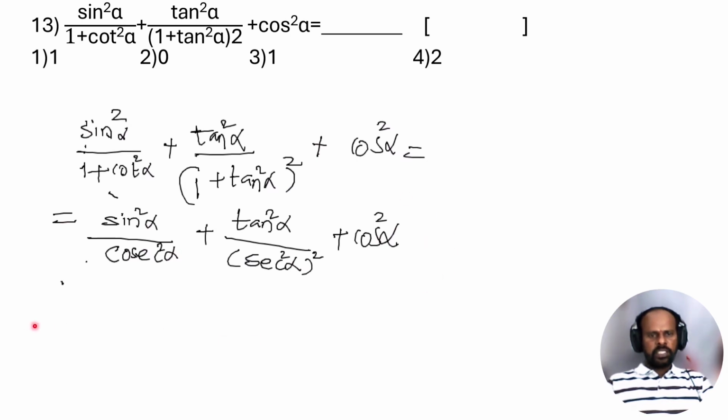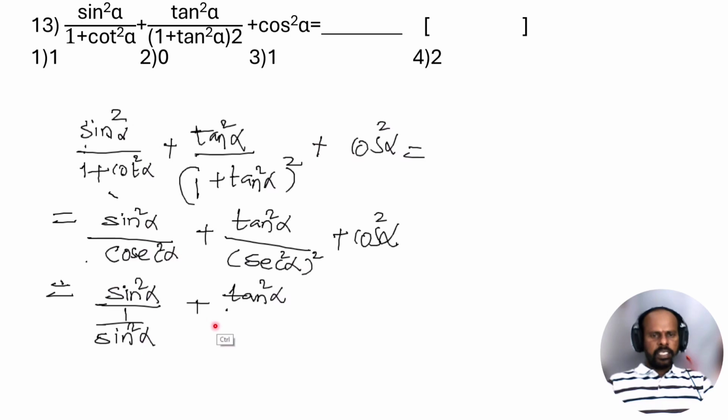Next, sin square alpha as it is; cosec we can write in the form of 1 by sin square alpha; plus tan square alpha as it is, and in the denominator sec is written as 1 by cos square alpha, the reciprocal of cos, and tan as sin square alpha by cos square alpha.